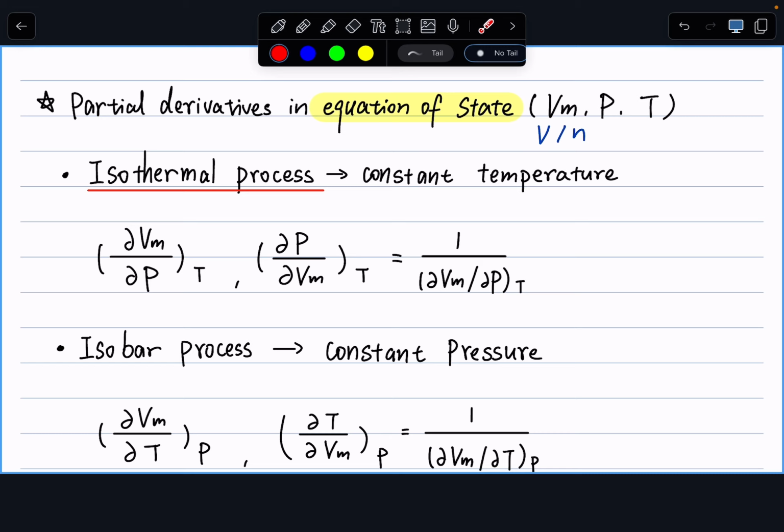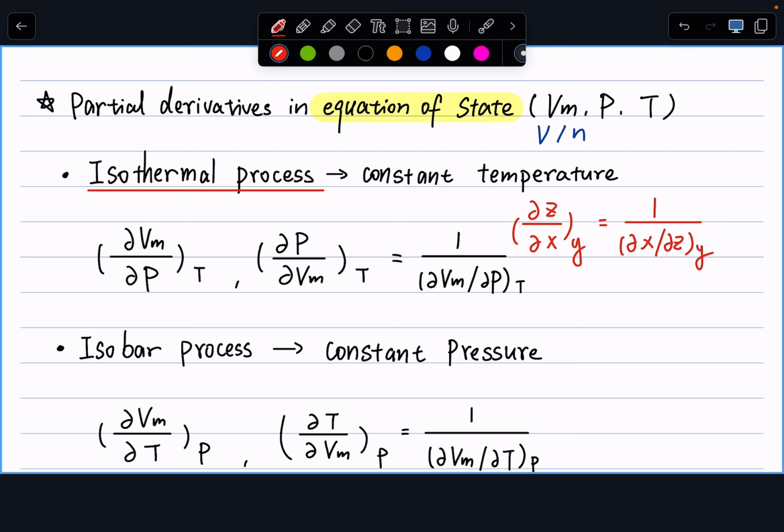But using basic calculus, you know that these two are connected. The partial derivative of any function z over x at constant y will equal 1 over the partial derivative of x over z at constant y.